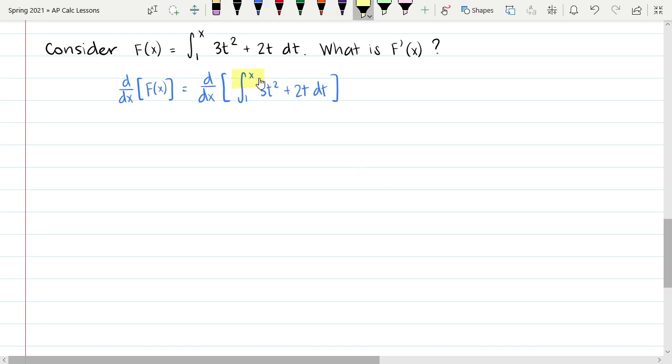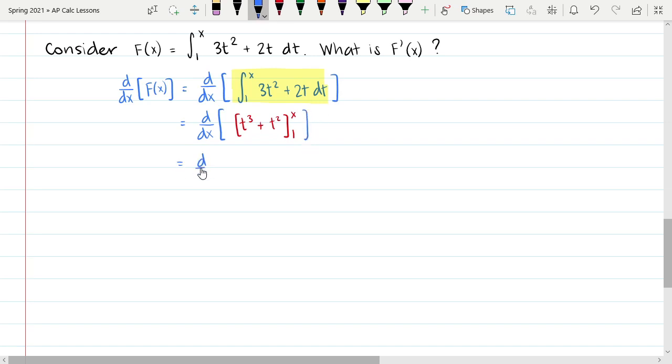But now, let's go ahead and rewrite this integral as another function in terms of x, which you saw us do earlier. So again, I'm still trying to find the derivative with respect to x of, and then here, remember the antiderivative of 3t squared is going to be t cubed, plus the integral of 2t is going to be t squared, and this is from 1 to x.